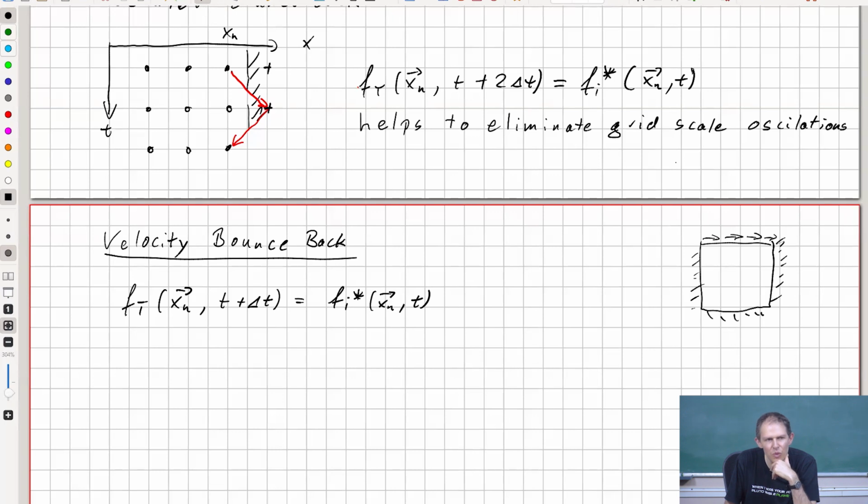And now what we do on top of the bounce back is adding a shift in velocity. And the shift in velocity goes like this.